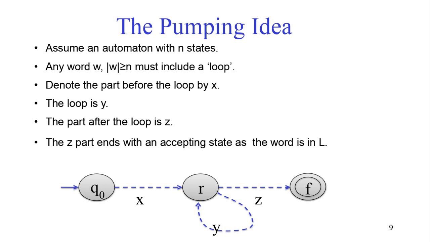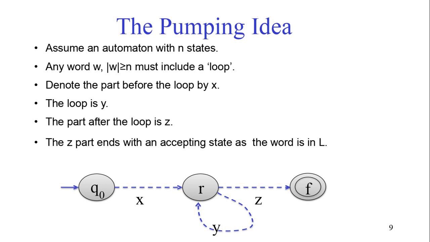The finite automata here should reach from the initial state to the final state, where from the initial state, when the x substring is given, it reaches the intermediate state R, where it loops n times for each y repetition, and after encountering the z substring, it reaches the final state.